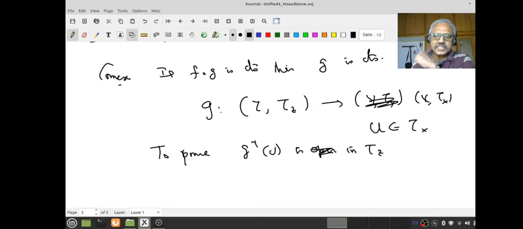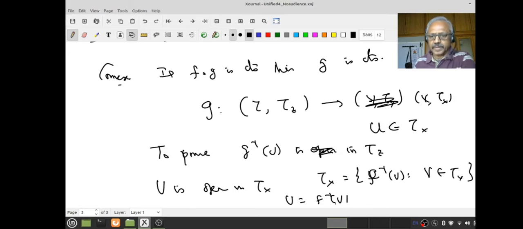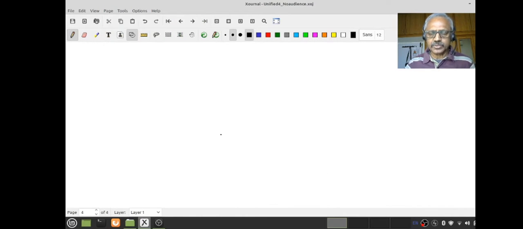But what is given to me? Since U is open in tau X, what does it mean? Remember, tau X was defined to be the collection of all F inverse of V, where V is in tau Y. Therefore, when I say U is in tau X, then U is of the form F inverse B. I hope you had reviewed what we did earlier, so that it will be easier, otherwise you will be struggling.